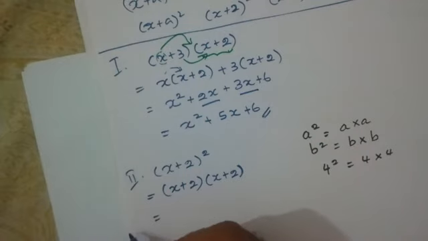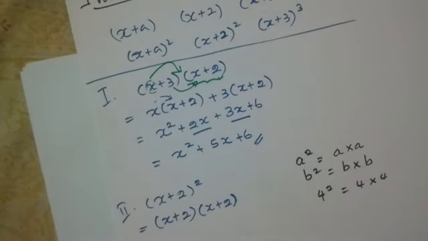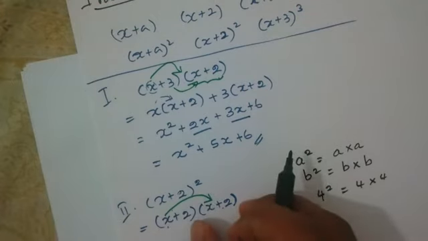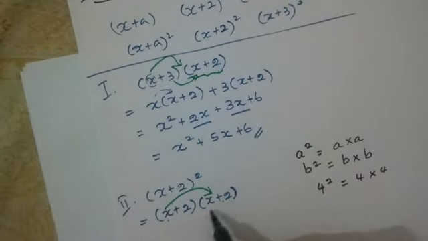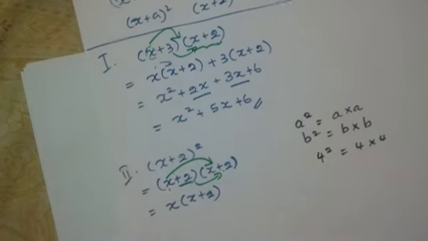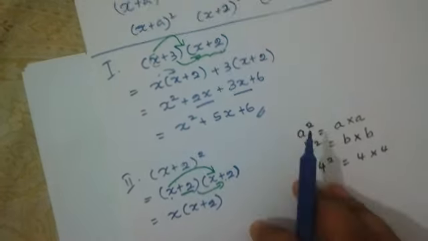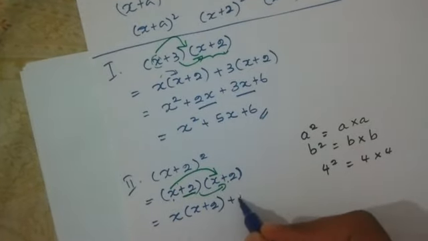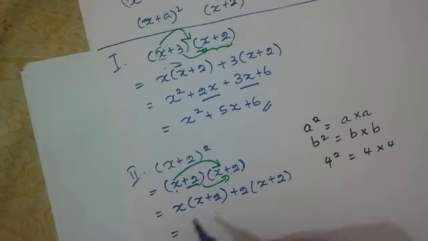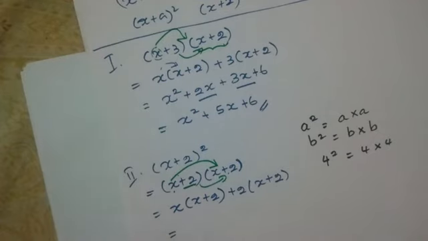So let's multiply like we did in the previous sum. Let's multiply the first term, x, times x plus 2, then positive 2 times x plus 2. Just the normal multiplication.